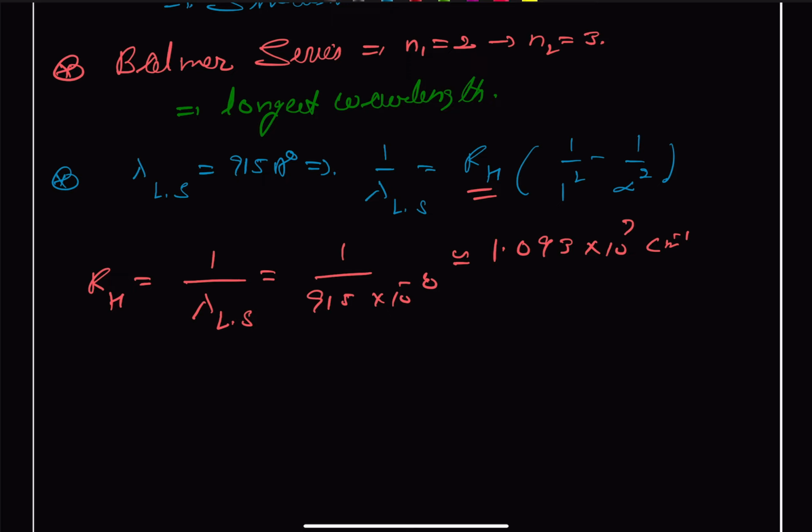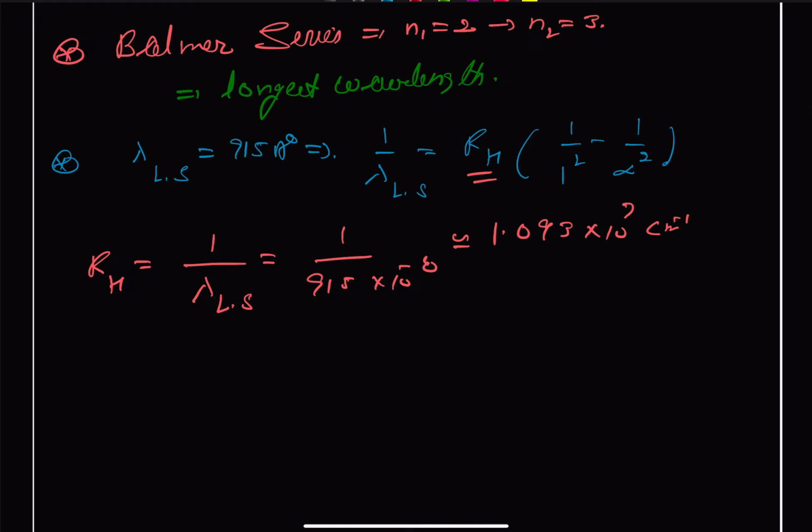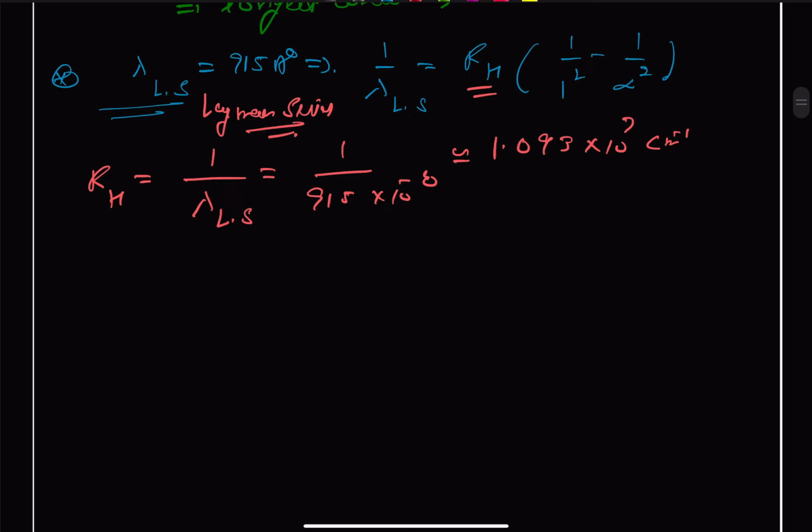Now the Rydberg formula for longest wavelength. This was for our Lyman series. Now we are going to solve for our Balmer series.